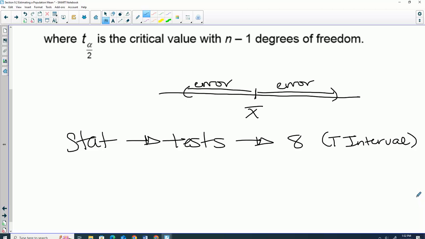So yesterday we were doing A, the 1 proportion z test interval. Today it's number 8, the t interval. So let's look at one. We'll walk through doing it by hand just so you can see it, but then we'll kind of focus on using the calculator.